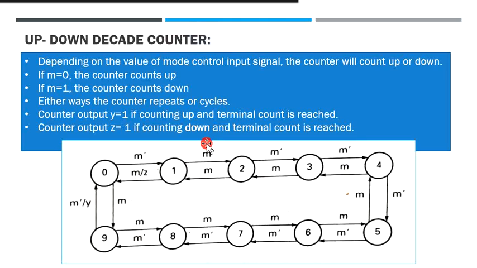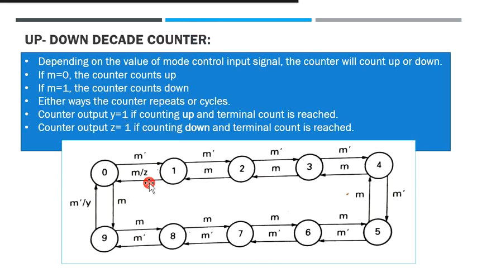So as you can see from this particular diagram, we have a total of three variables: m, y and z. M corresponds to the mode control, y to the counter output, and z also to the counter output.